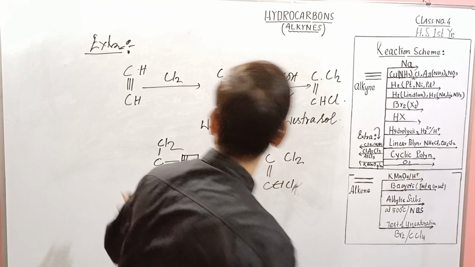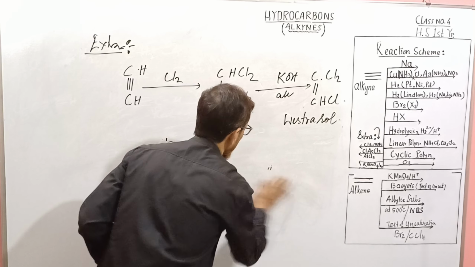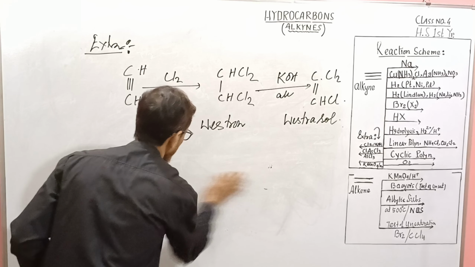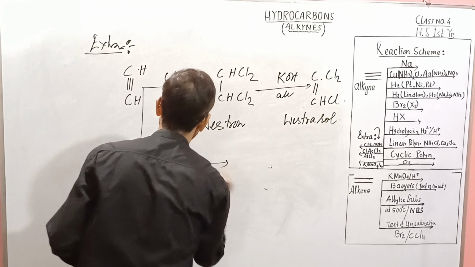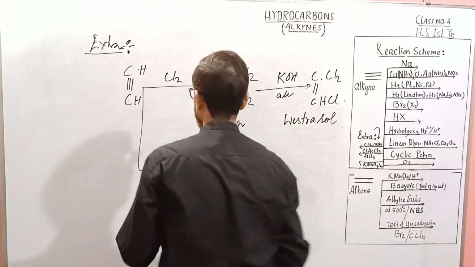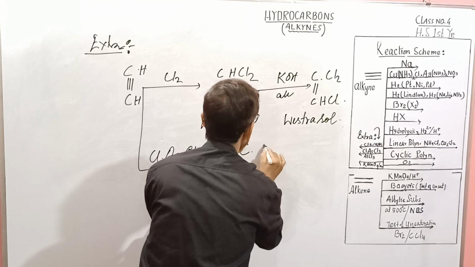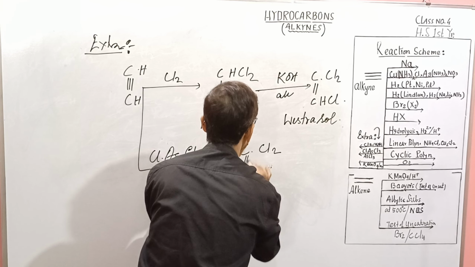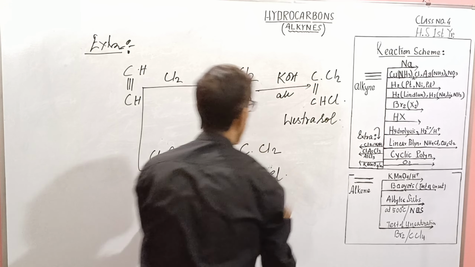Another very important compound very often asked in entrance exams is when the same acetylene is made to react with the compound where arsenic is there. So you see, this is CCl2 double bond CH with arsenic Cl.